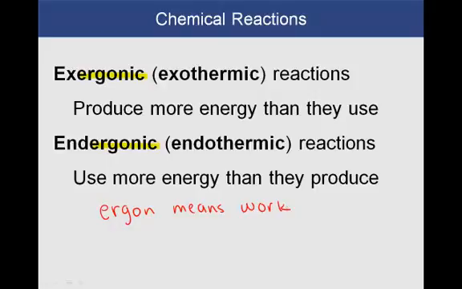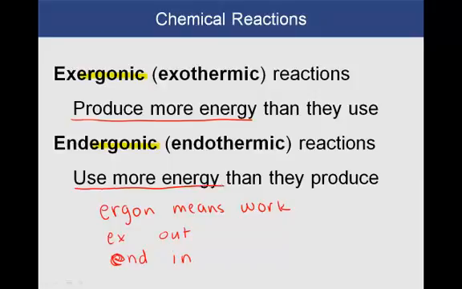So exergonic and endergonic refer to work. Ex, if you think of an exit, means out, and end means in. So exergonic means work out, endergonic work in. Exergonic reactions produce energy, and endergonic reactions use energy.